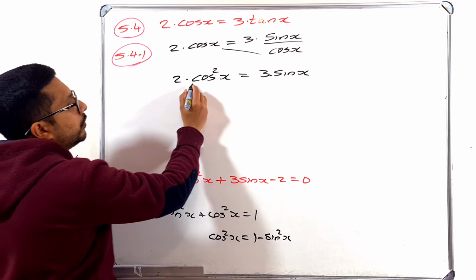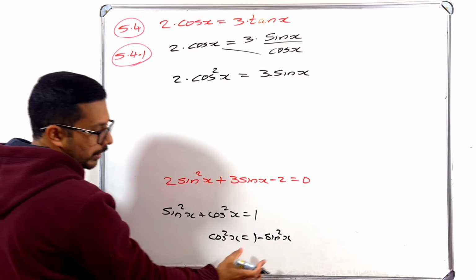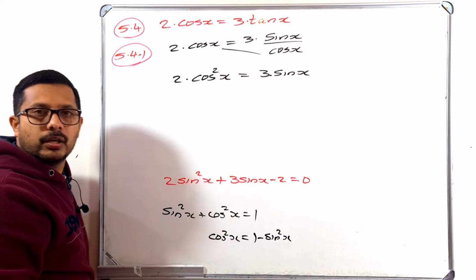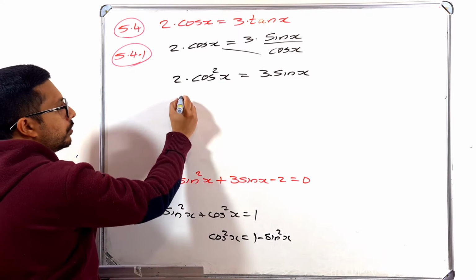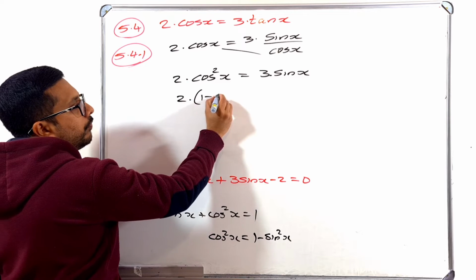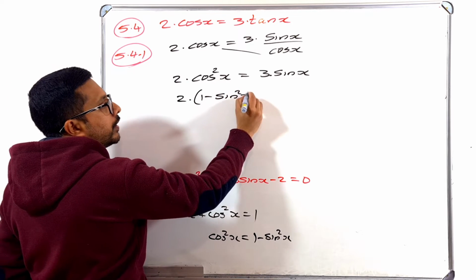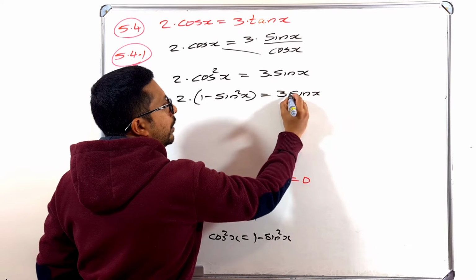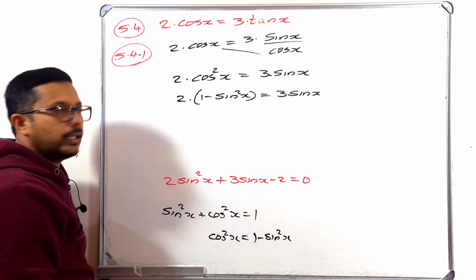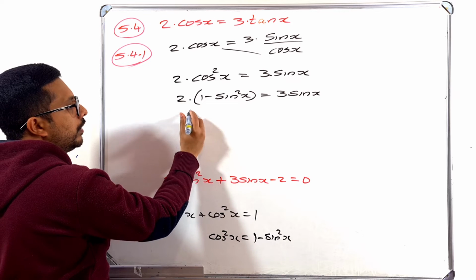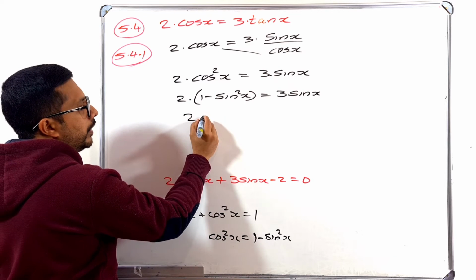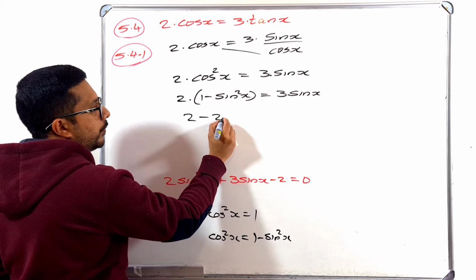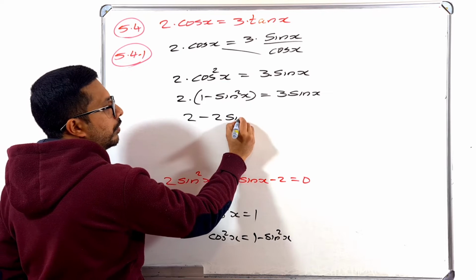Okay, so instead of that cos squared x, we can write it as 1 minus sine squared x. So it is 2 into 1 minus sine square x is equal to 3 into sine x. Okay, expand the bracket. 2 into 1 is 2, 2 into minus sine squared x is minus 2 sine square x.